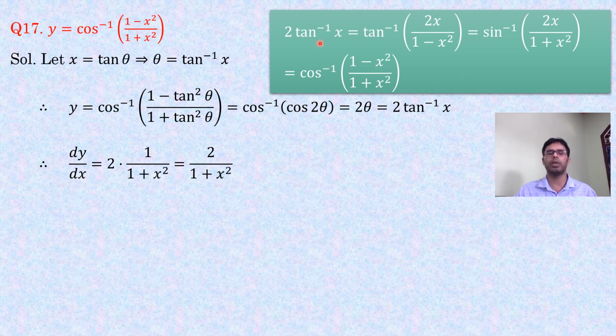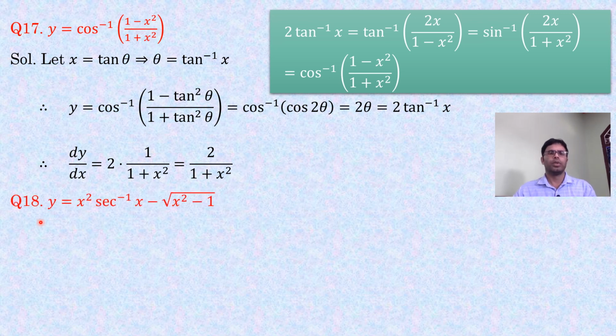How this is equal to 2 tan inverse x, these types of questions may arise in your mind, but we will discuss those in the chapter inverse trigonometric functions. So do not confuse now, just memorize this one for now. Okay, so this is the solution for the question. That means you can write y is equal to, in place of this, directly this one, and after that you just write dy dx is equal to this one. These types of questions are asked for 1 mark, 2 marks only.